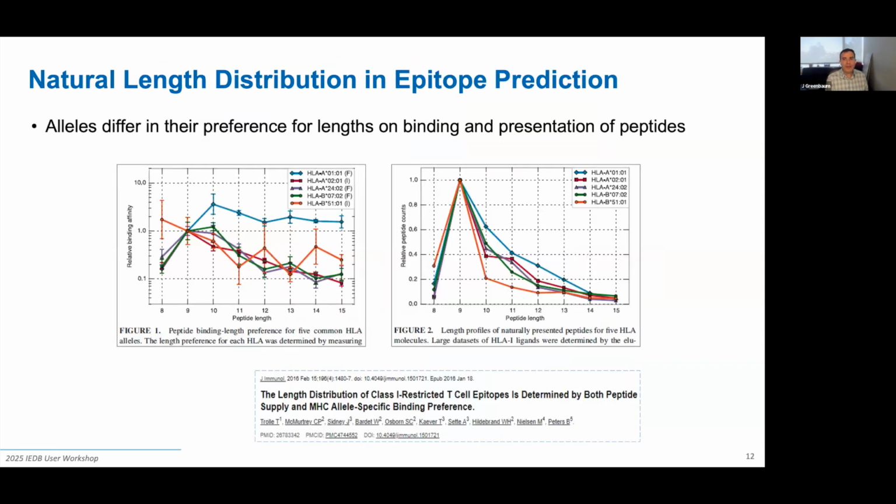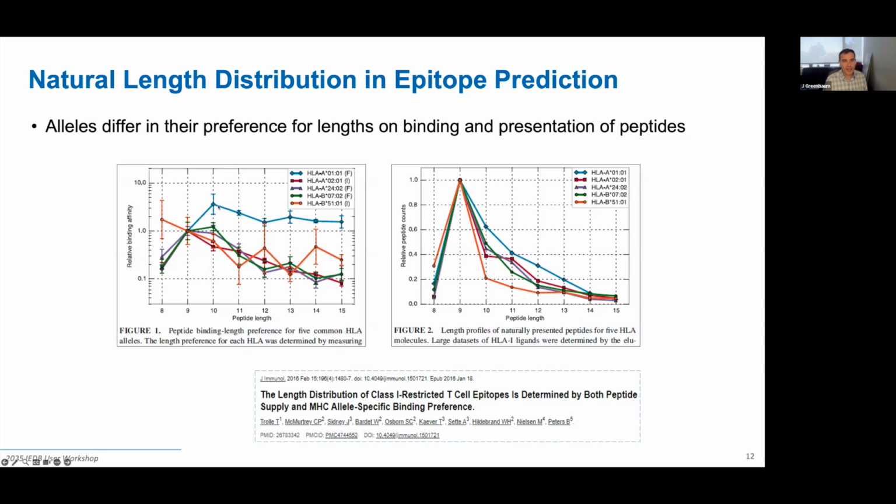In terms of lengths for selection, what we're showing here on the left-hand side is the relative binding affinity of 5 different alleles over various peptide lengths. And what we can see is that the preferred profiles for binding for various alleles are not consistent between the different alleles.